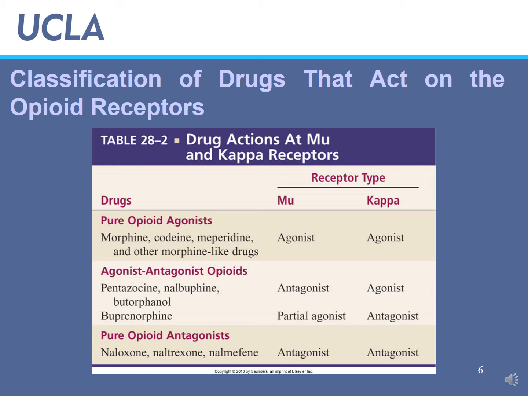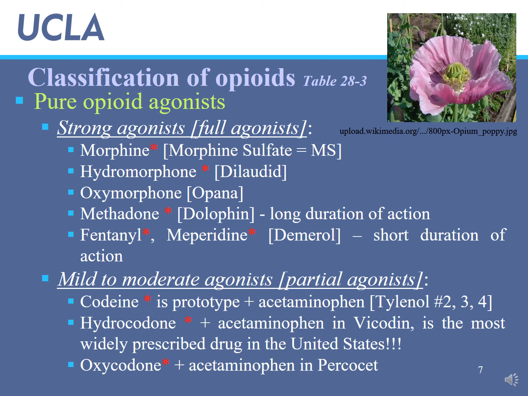And then you have the pure opioid antagonists such as naloxone, naltrexone, and nalmefene. And these are very useful when there is toxicity caused by opioid analgesics, or in patients who are drug addicts and using heroin. So these are the drugs that are used to reverse the effect of the opioids.